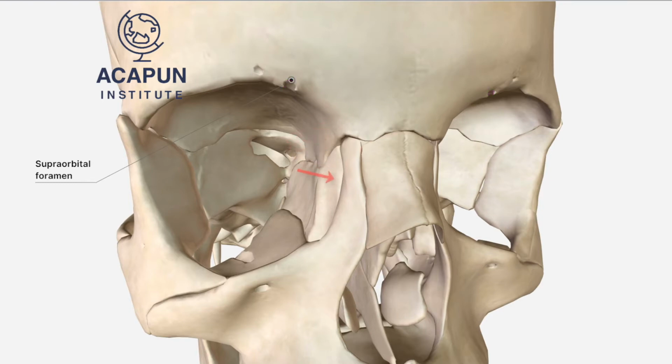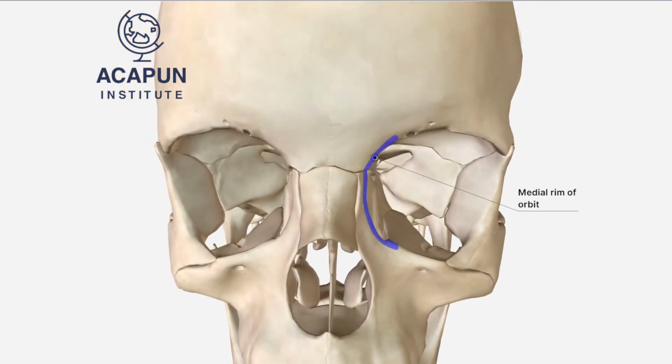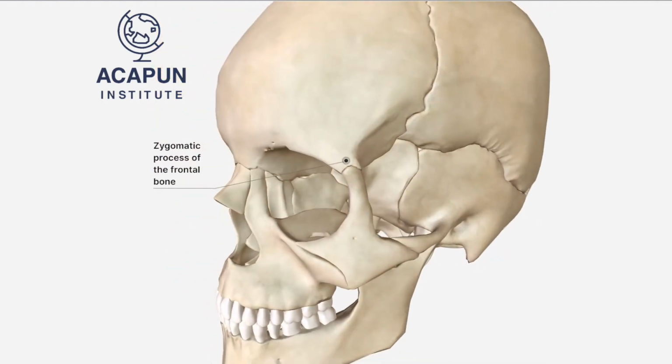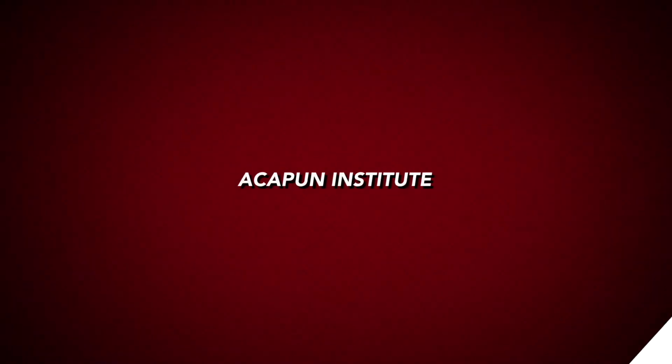Looking at the medial part of the frontal bone, it dips down inferiorly and forms part of the medial rim of the orbit. Laterally, the frontal bone projects inferiorly to form the zygomatic process of the frontal bone, which articulates with the frontal process of the zygomatic bone.